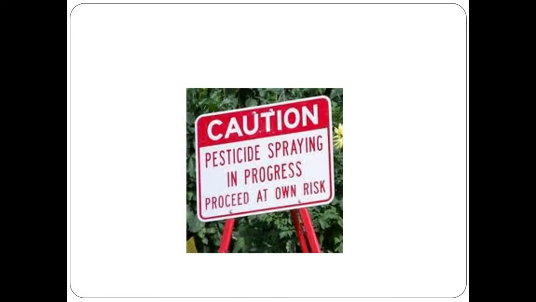And this is a picture of a sign put in the farm using spraying to notify people to avoid exposure to organophosphate in this area in case of spraying in this farm.